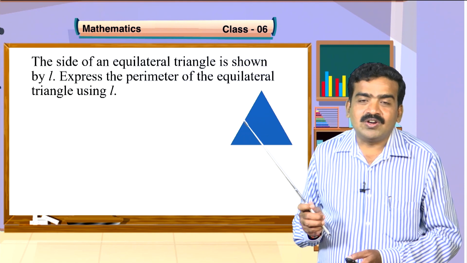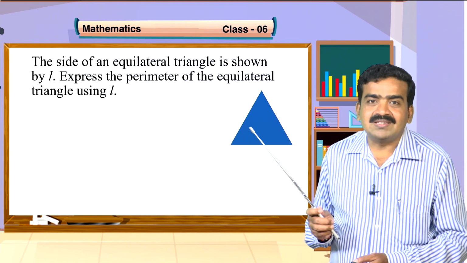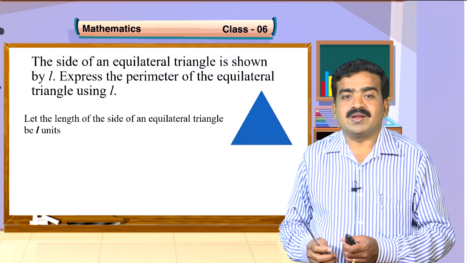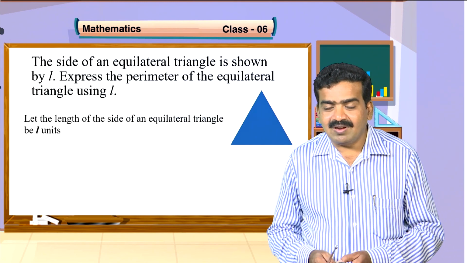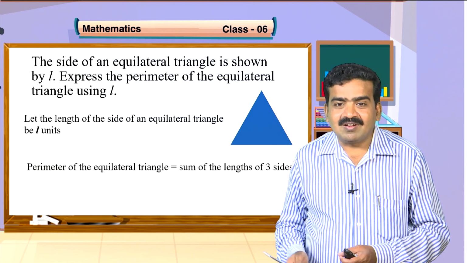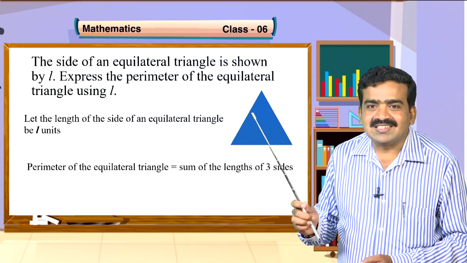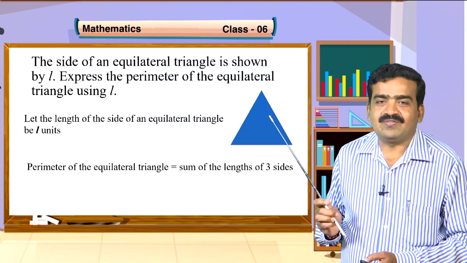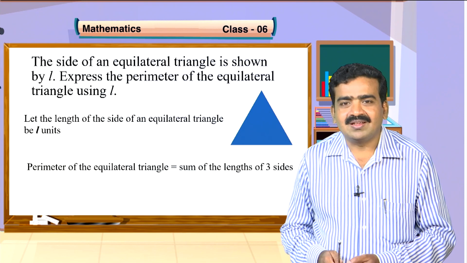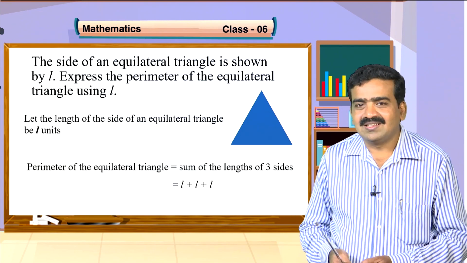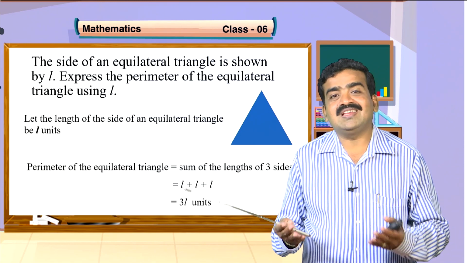So, if the side is represented by L, then what about the perimeter of an equilateral triangle? The perimeter of an equilateral triangle is equal to the sum of the lengths of three sides. If you add them, we will get the perimeter. If the sides are L, it becomes L plus L plus L. Then the perimeter is 3L units.